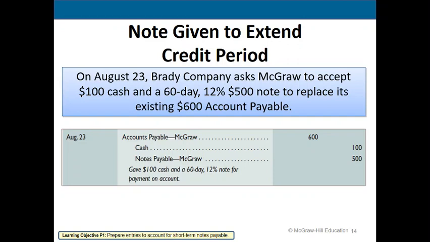In this situation, you've agreed to pay him $100 now and pay $500 over a 60-day period at 12% interest. So you credit cash and you add the notes payable to your books by crediting notes payable.